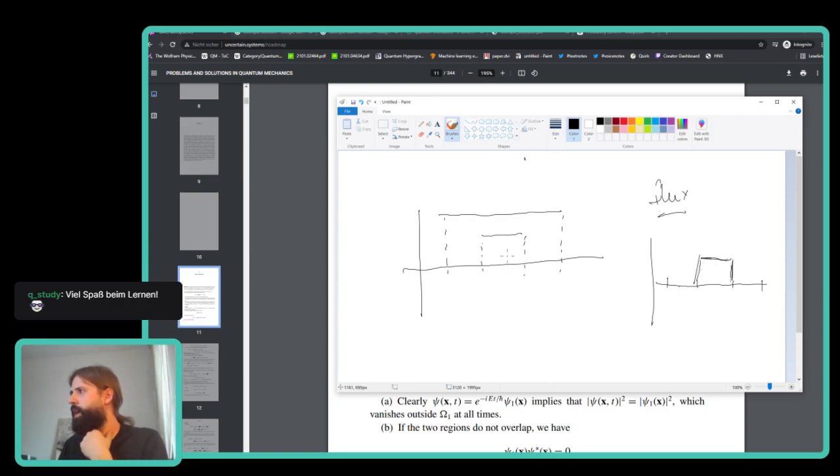What this means is that if you consider the probability density of the combined system, there's a change in the probability density distribution here. I guess that's what it means, because you can aggregate them.